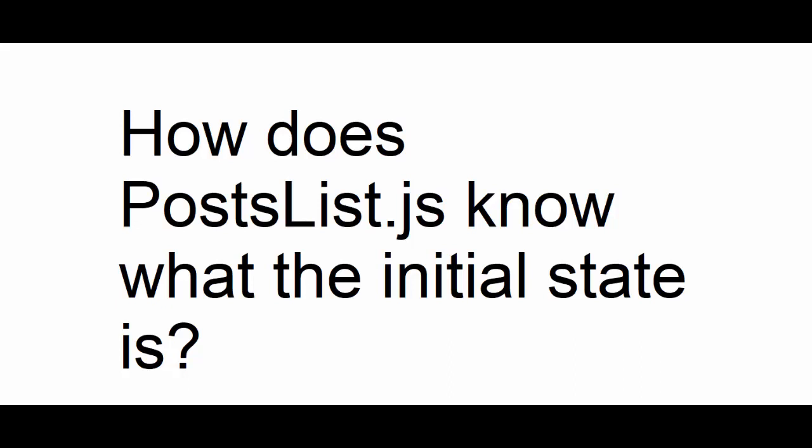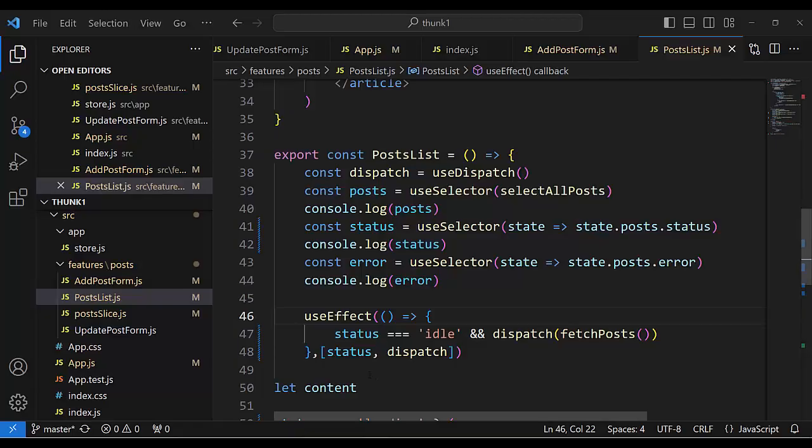How does PostsList.js know what the initial state is? After initial rendering, const posts = useSelector, it is a hook, with the parameter selectAllPosts.